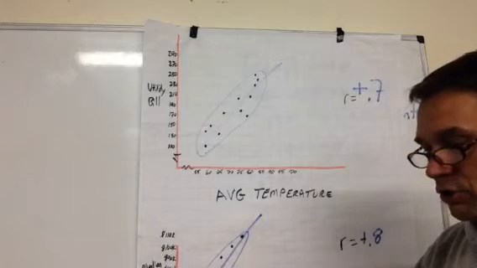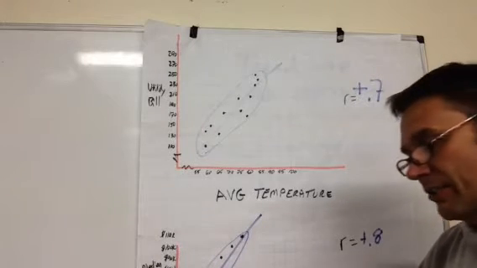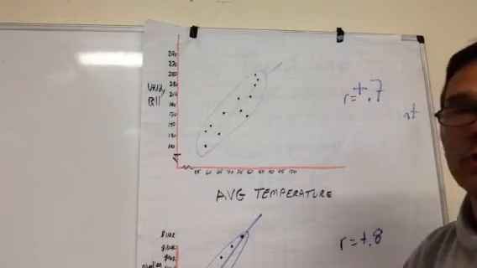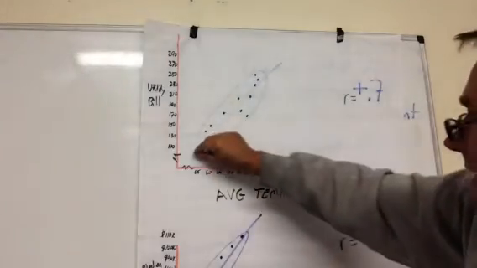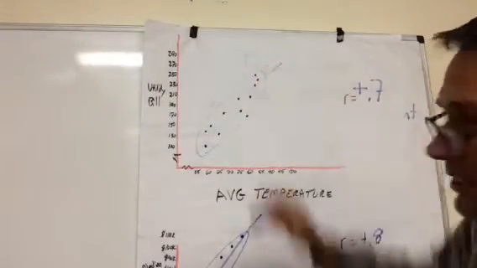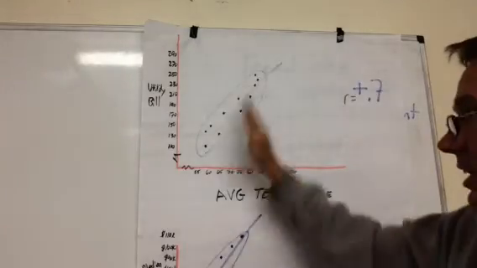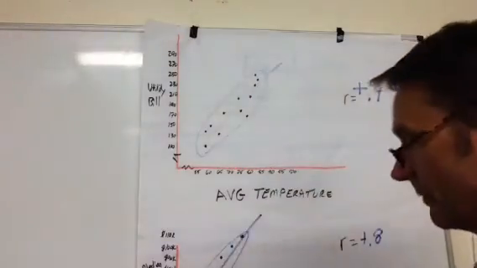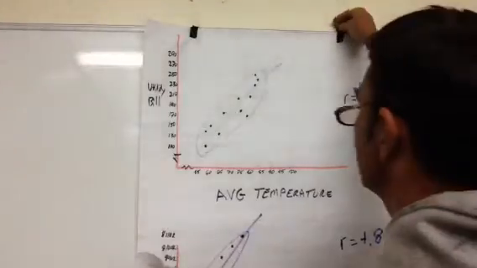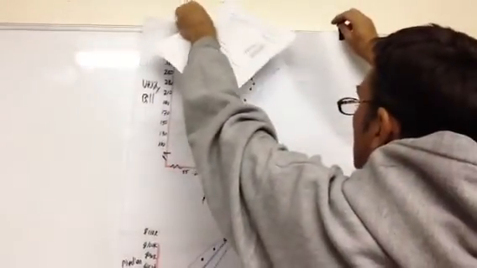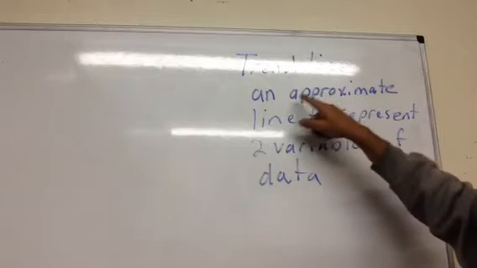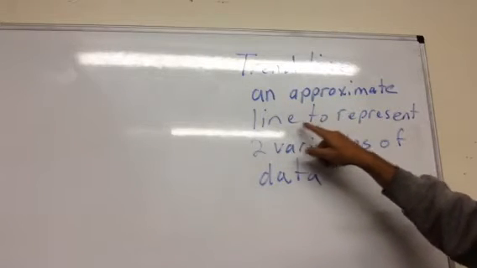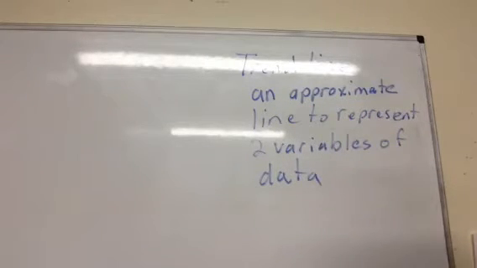If we look at number 2, there is a definition that I want you to write down. It's a trend line. So a trend line, again, is a line that goes through the middle of our data. It's not going to touch every piece, it just goes in the middle. And what the trend line is, and I want you to write this down, is an approximate line to represent two variables of data.